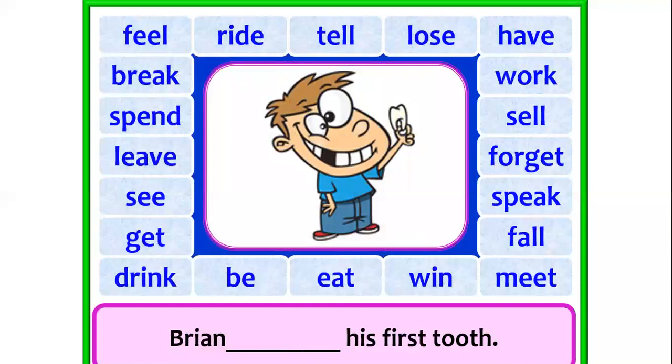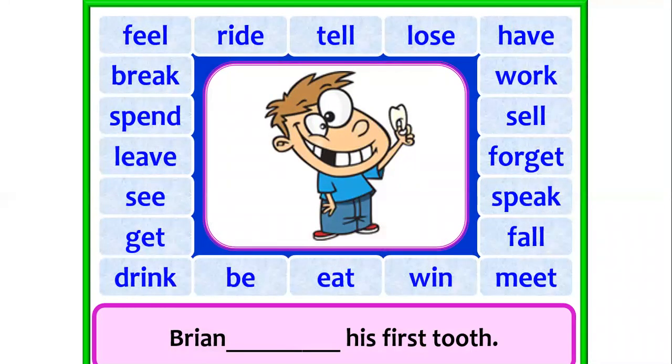We have here a list of verbs and we have a sentence. Which verb is going to be the correct answer? Brian, his first tooth. So Brian, his first tooth. The subject here is Brian. It's he. So we're going to use the helping verb has.